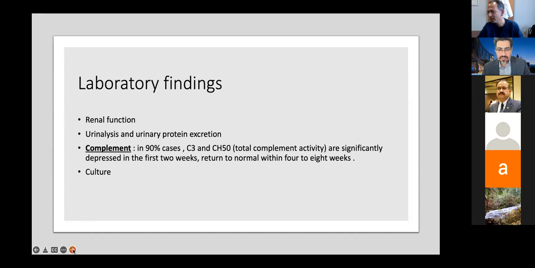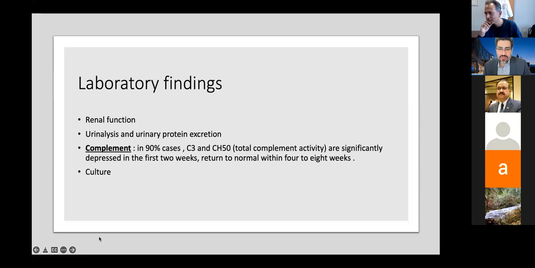Proteinuria in post-streptococcus is most of the time not nephrotic range, but significant proteinuria. Unless you folks have a different experience there. Dr. Farooq, when was the last time you saw post-streptococcus GN here? I don't recall, it was a long time ago.